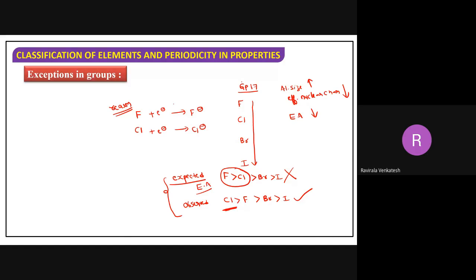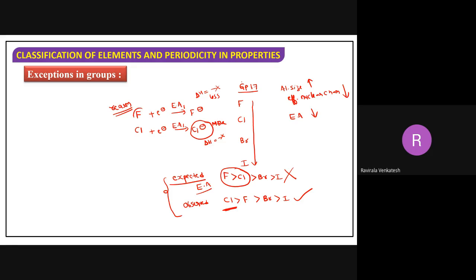Now, this is called electron affinity, right? EA1, electron affinity 1. Now I am saying here the value is less. Here value is more. Electron affinity is more for this one. Delta H minus X is more here, where delta H minus X is less here.